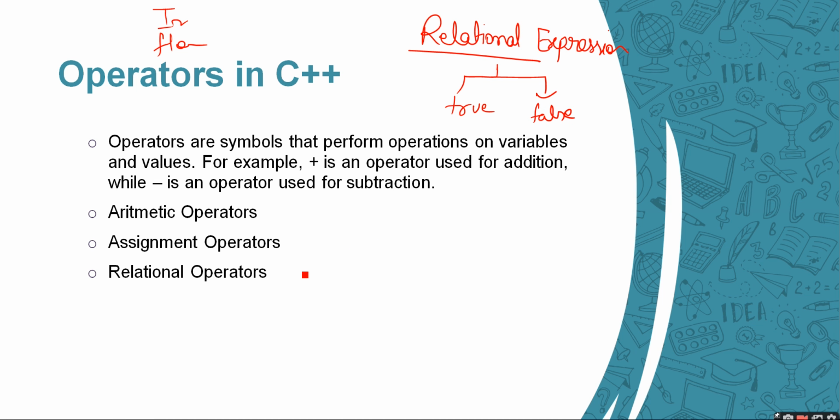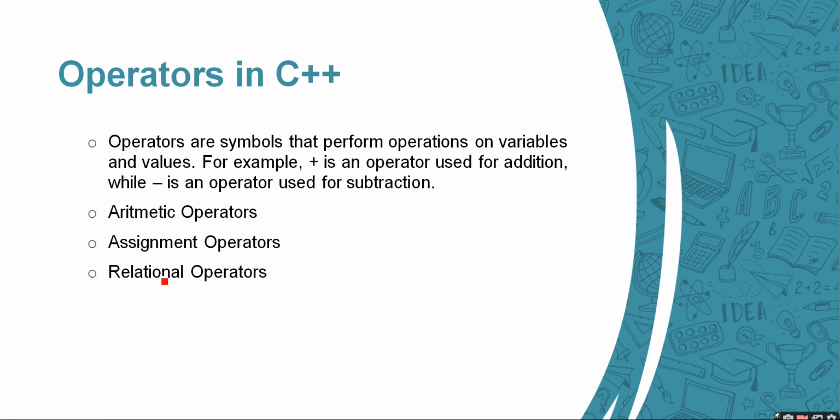We have used symbols like greater than, less than. In our for loop we have used, if a is less than or equal to 5, this one. This is what we call a relational operator, and this is what we call an assignment operator. Both operators are used here. We already have used all of these things, but we haven't learned about them, so we are going to look at this.